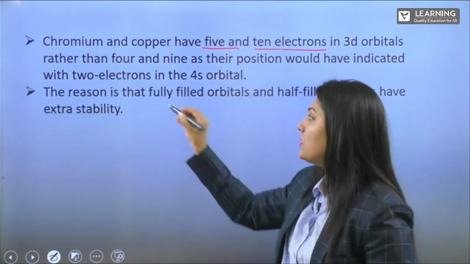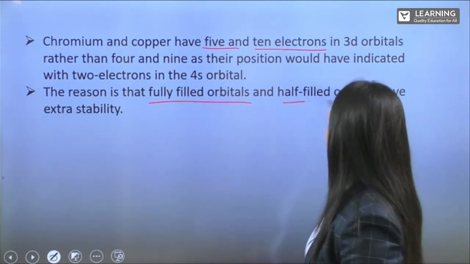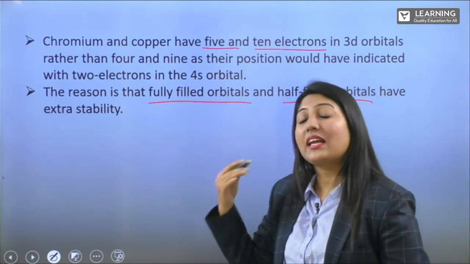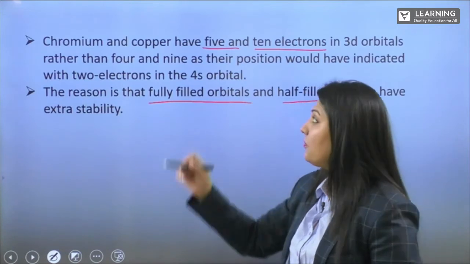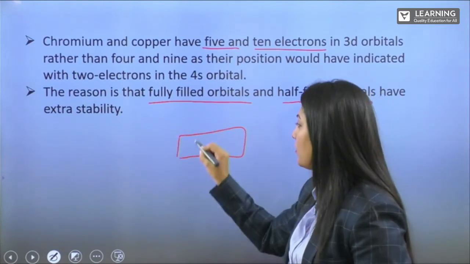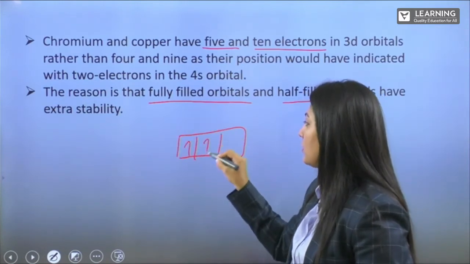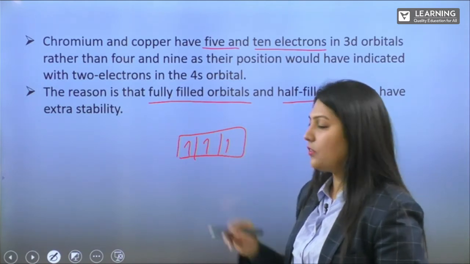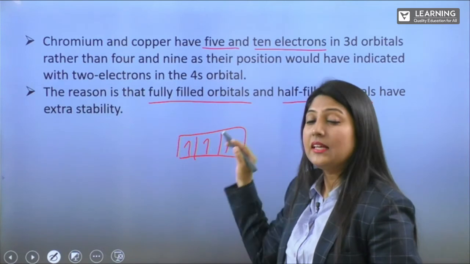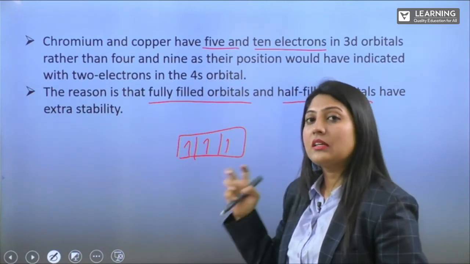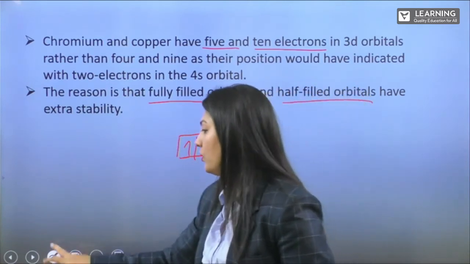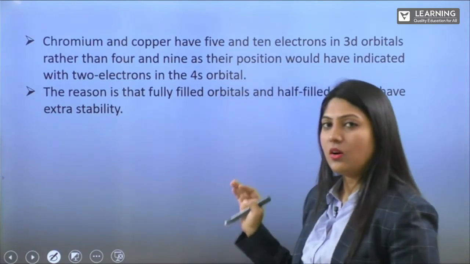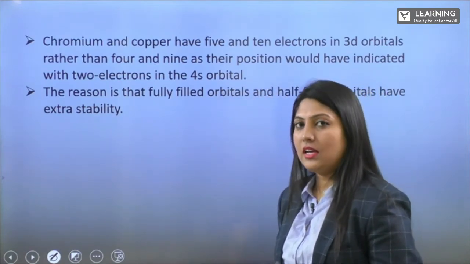The reason is that fully filled orbitals and half filled orbitals will have extra stability. If the orbital has 2 electrons here with 1 more electron, this is called half filled. This will have more stability than the unhalf filled electrons.